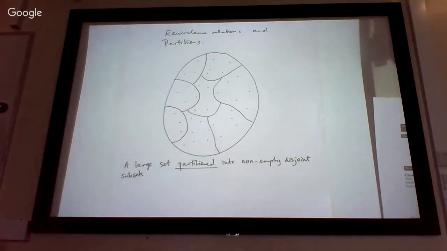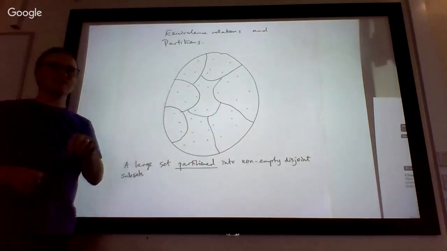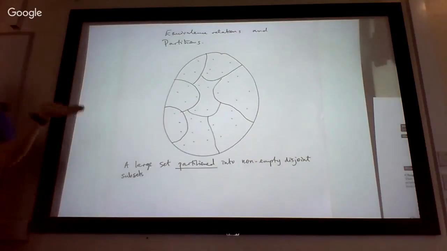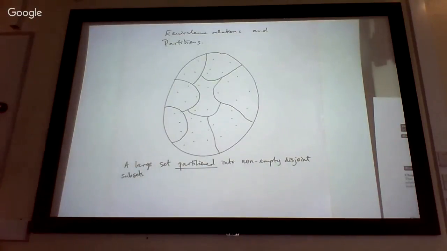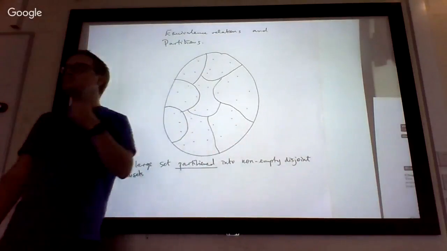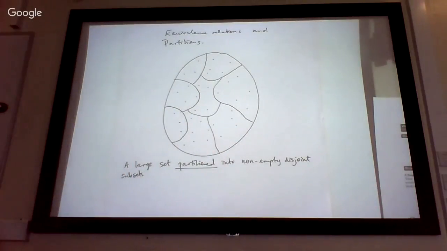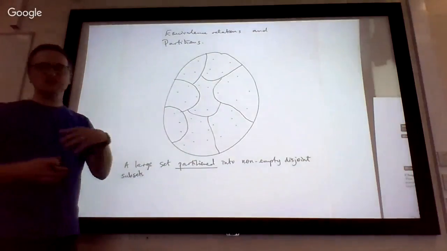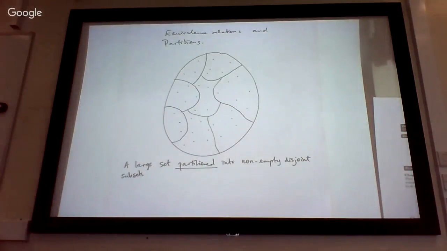If you leave a small piece of land that's not a country, and there are people living there, then they're stateless. So this idea of not overlapping, each part being non-empty, and leaving no gaps, you can see in the way partition is used in international relations and politics as well.